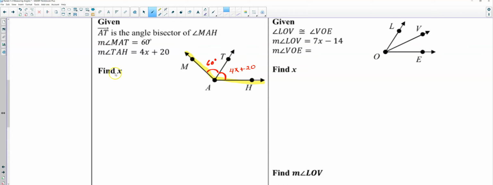it says find x. Well, basically, if these two angles are congruent, then we could say that the measurement of angle MAT is equal to the measurement of angle TAH. If I use substitution, then for the measurement of angle MAT, we have 60 degrees is equal to 4x plus 20.